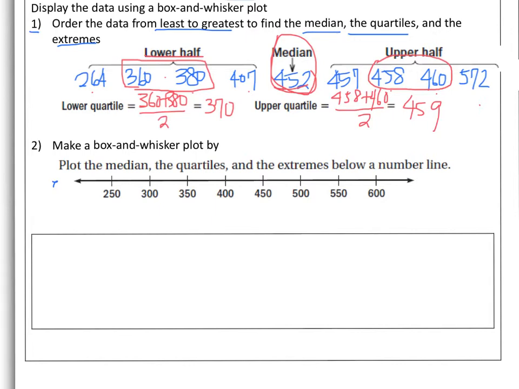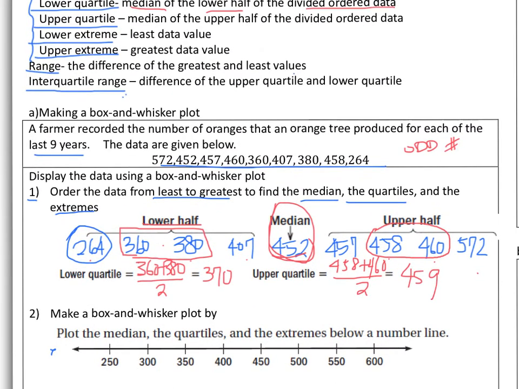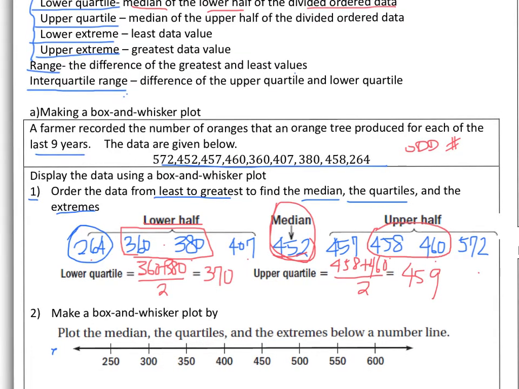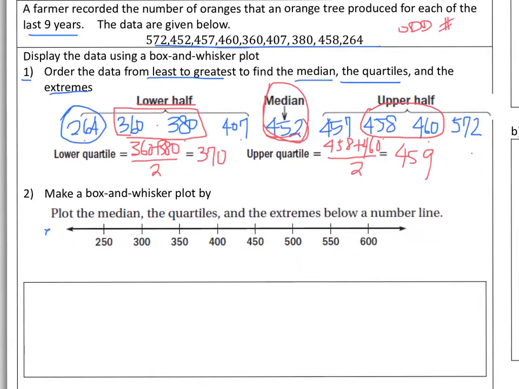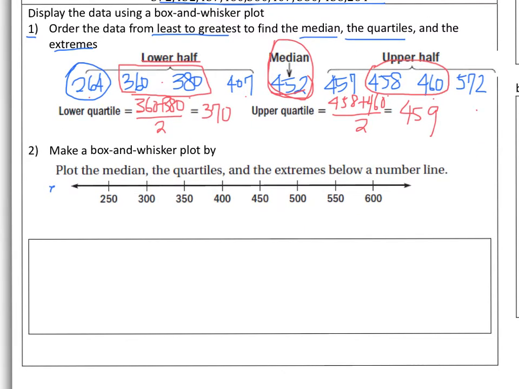So first, I need to plot the lower extreme, which is 264. The lower extreme is the least data value. And I'm going to write the number 264.